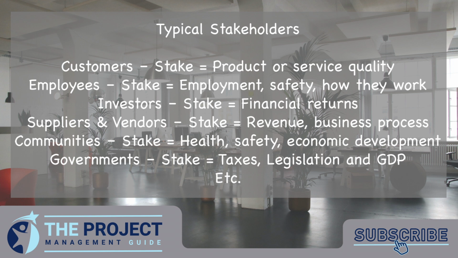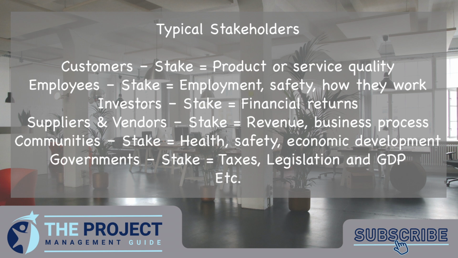So on this slide, I've put together a real broad range of stakeholders that you might have on your project. This is going to cover all sorts of different types of projects. It could be anything from an IT project, a manufacturing project that's changing a production line, to an infrastructure project, to a community project, in effect any sort of project, a construction project, for example.